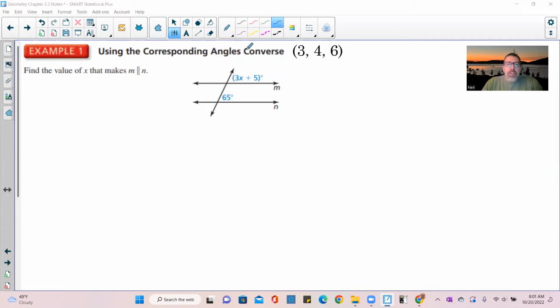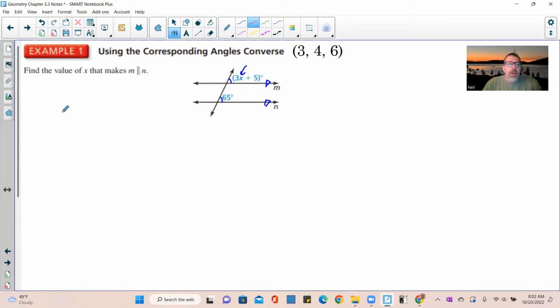If this angle here corresponds to this angle here, then they must be congruent if the lines are indeed parallel. And that's what we're trying to do: find the value of x that makes these lines parallel. In other words, I need a value for x that would make this angle 65 degrees, because if corresponding angles are congruent, then the lines must be parallel.